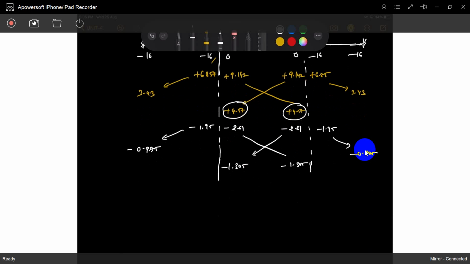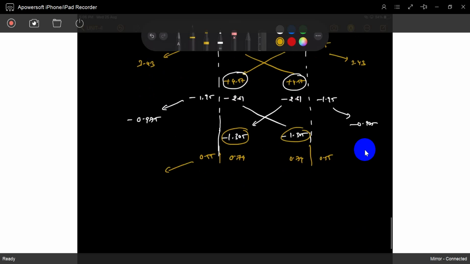Again we start with 1.305. What is the distribution? Again settle for 1.305. It will come 0.55, 0.74, 0.74, 0.55. That's it.